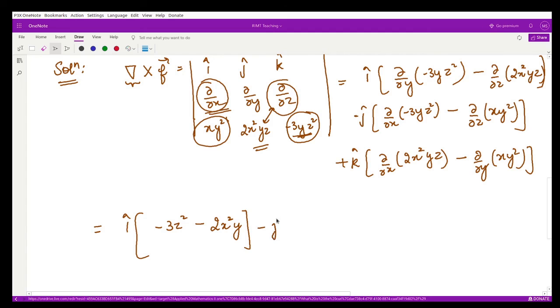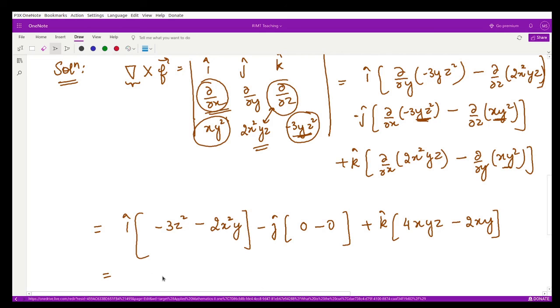For j cap, there is no x in the first term, so this quantity is 0, and there is no z in the second, so this quantity is also 0, right? And for the k cap, we take the partial derivative with respect to x, so it would be 4xyz, and with respect to y, it would be minus 2xy. So this is your curl calculated for the vector f.